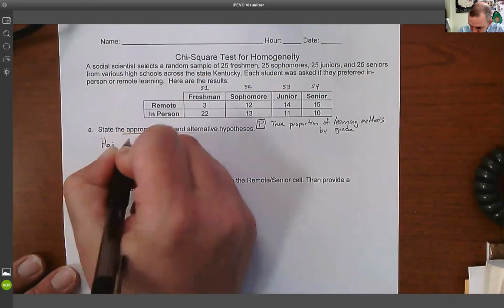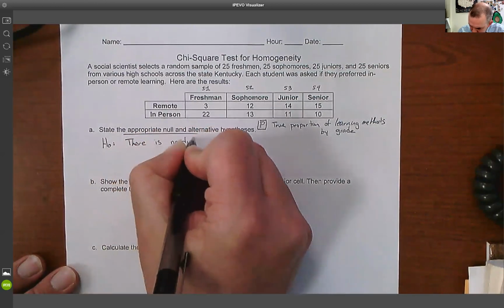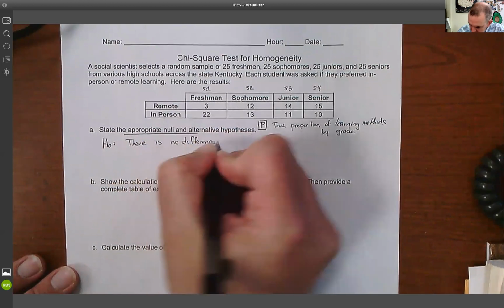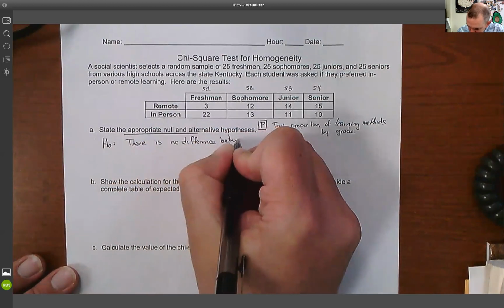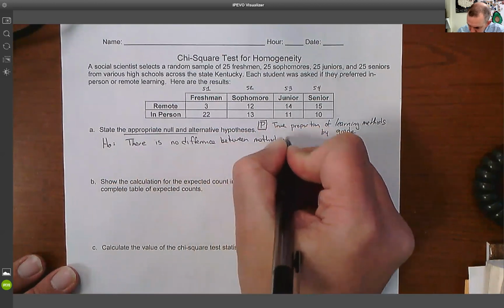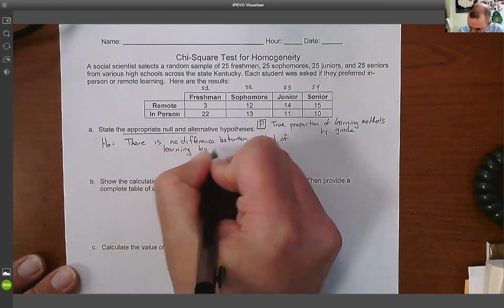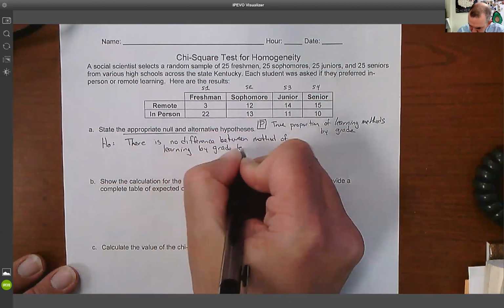Here's our null. It's always going to be there is no difference between method of learning by grade level. That's the null hypothesis.